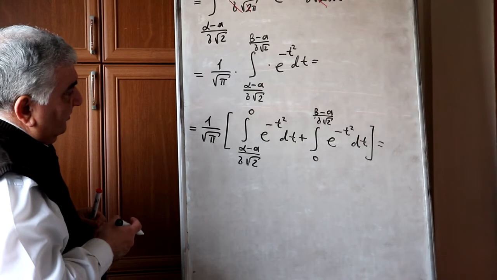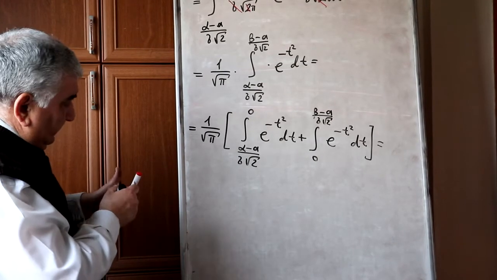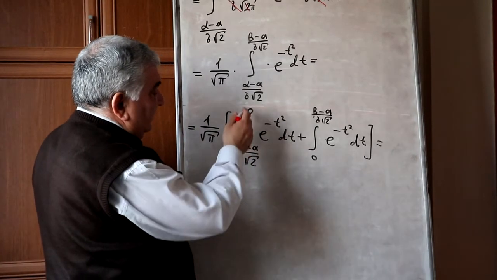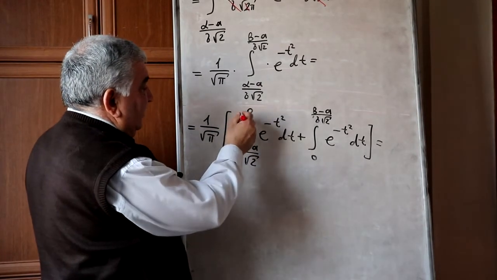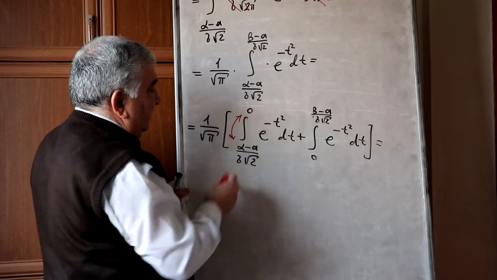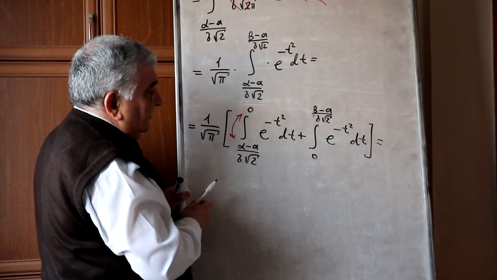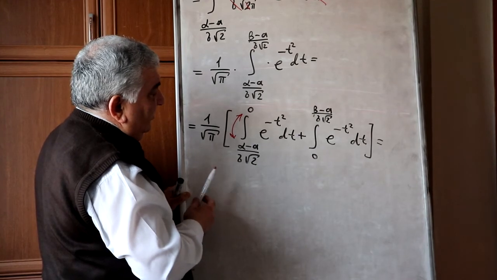Then here we can change the places of the integral limits in the first integral, and therefore this integral will change its sign.